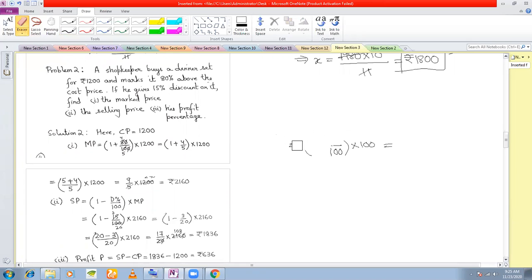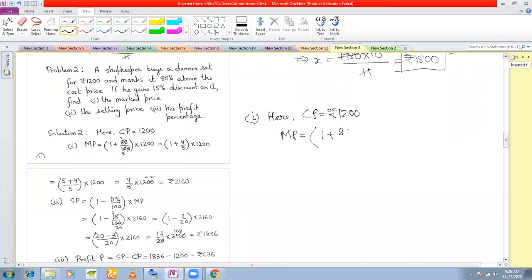Okay, let us come back to the sum. A shopkeeper buys the dinner set for 1200 rupees and marks it 80% above the cost price. If he gives a 15% discount on it, the first question is to find the mark price. So clearly, what I'll say here is that the cost price is 1200 rupees, and the mark price is, since he's marking it 80% above the cost price, that means he's increasing the cost price by 80%.